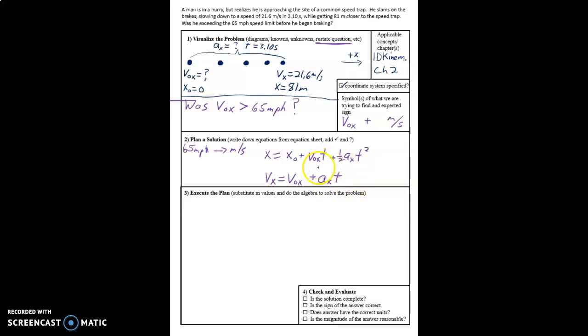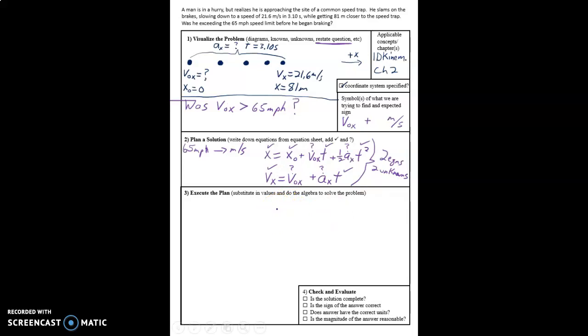Looking at these two equations, we know x and x naught. We don't know v naught x. We know time. We don't know the acceleration. We have two unknowns in there. And then we look at this equation. We know this, and we know the time, and we don't know these two things. So here we've got a system of two equations and two unknowns. So we could solve the problem this way.